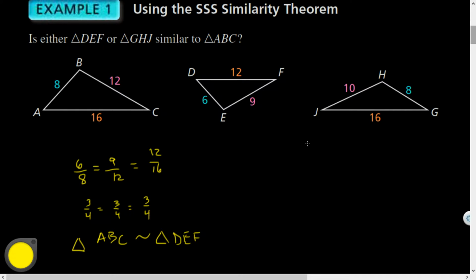Let's, once again, set up a proportion. And the reason this was true, by the way, was the side, side, side similarity theorem. So SSS is the acronym for that. Let's compare littlest to littlest. 8 to 8. Uh-oh, I don't think this one's going to work.